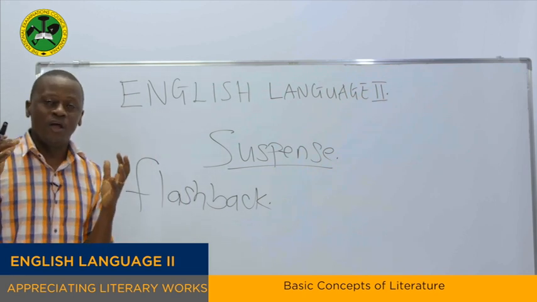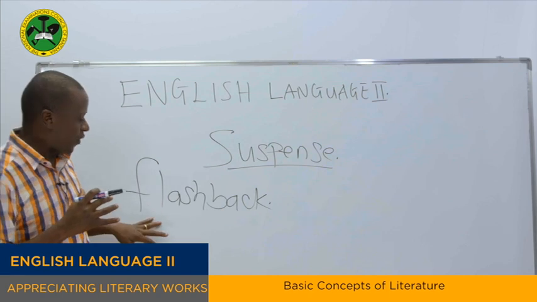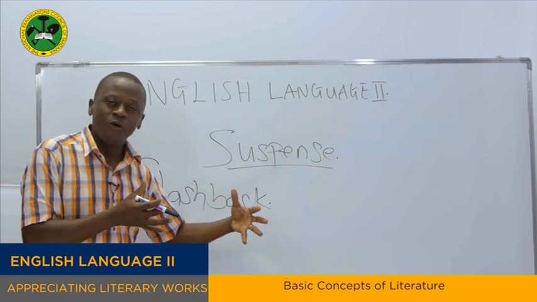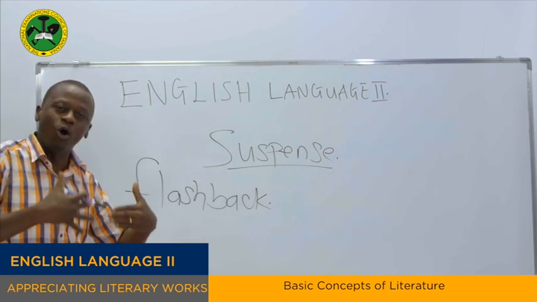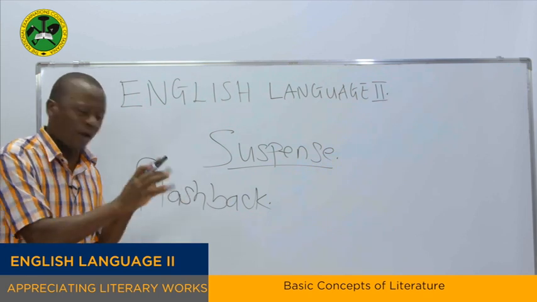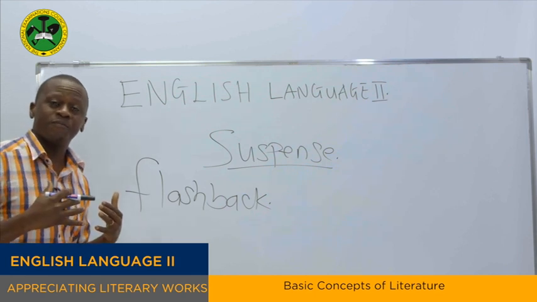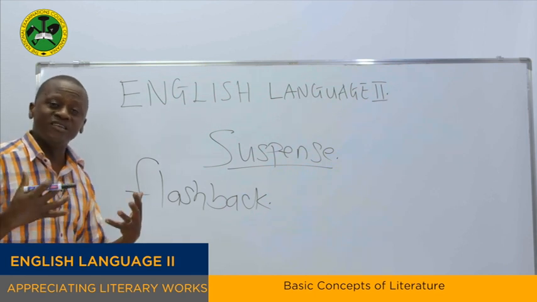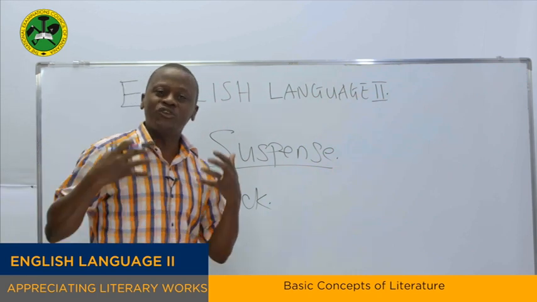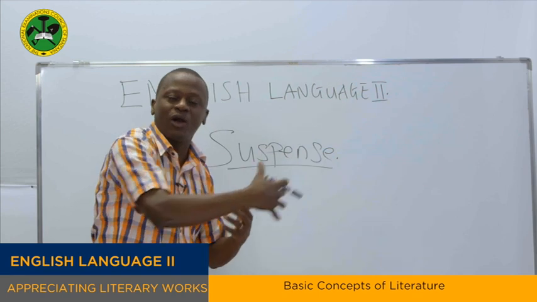As you create your work of art, you start with the last events. You put the last event at the beginning of a story or at the beginning of a drama or any work of art. From there, the readers or the audience will be much interested to know the final end of that particular work.